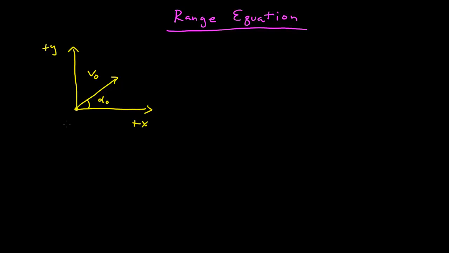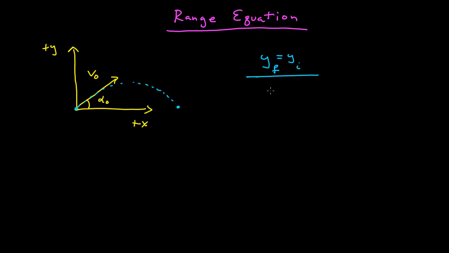Now we want to add an additional circumstance where the final y position is equal to the initial y position. So we're looking for the condition where in the y-axis it comes down at the same level where it started.